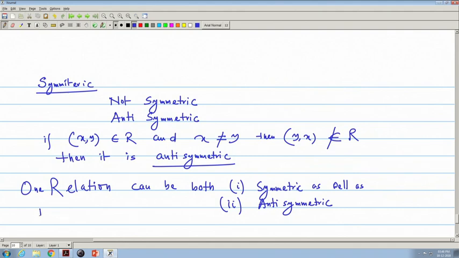The example is very simple: we give one relation, say (A, A), (B, B), (C, C).